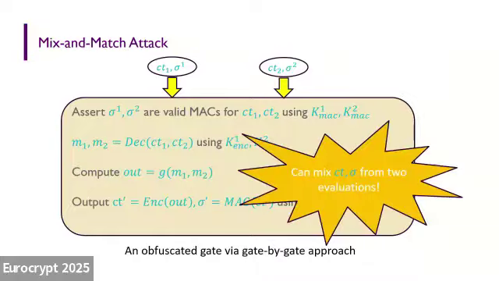However, a malicious adversary can launch a mix and match attack to fool the obfuscated gate by mixing the ciphertext from 2 distinct evaluations. That is, here the ciphertext 1 and ciphertext 2 may correspond to 2 distinct input settings in different evaluations.